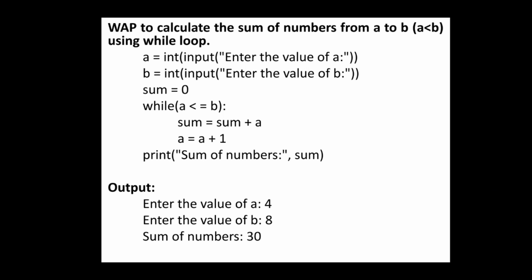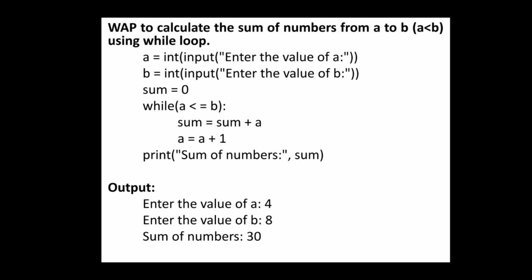Now A is A plus 1, that is 4 plus 1, so A equal to 5. Now 5 less than or equal to 8, true. So sum equal to sum plus A, previously sum was 4, now A is 5, so sum is equal to 4 plus 5 equal to 9.